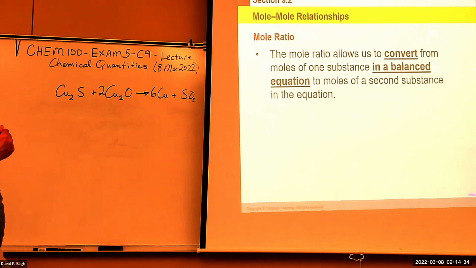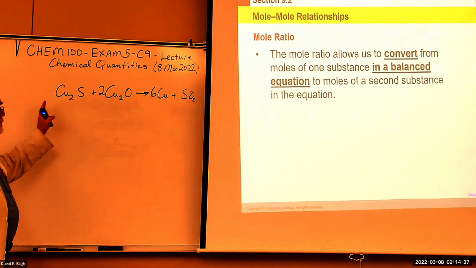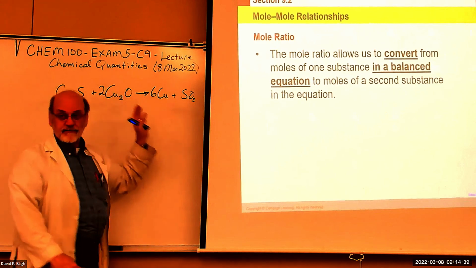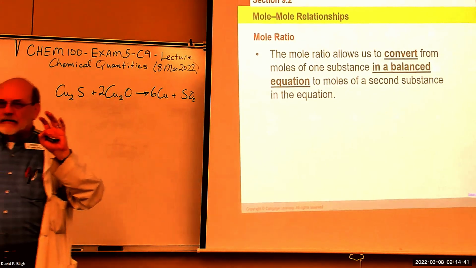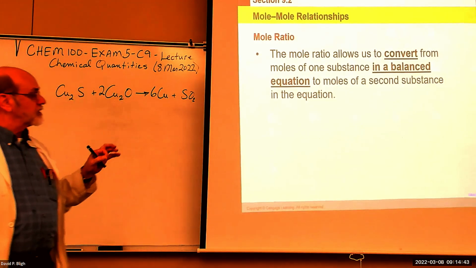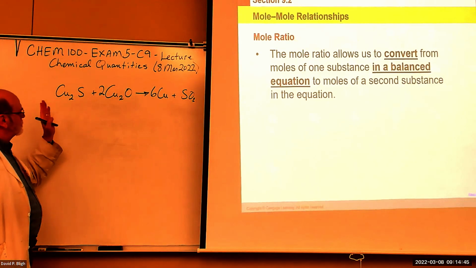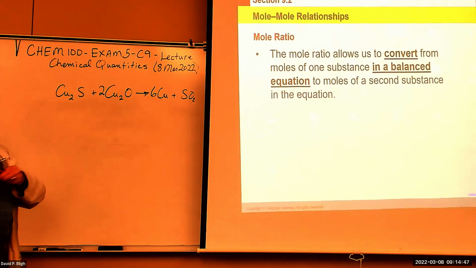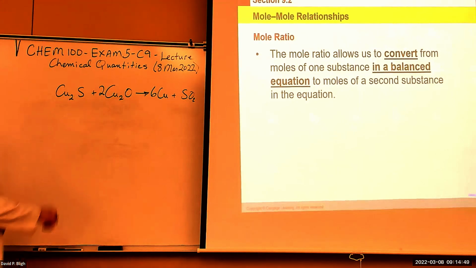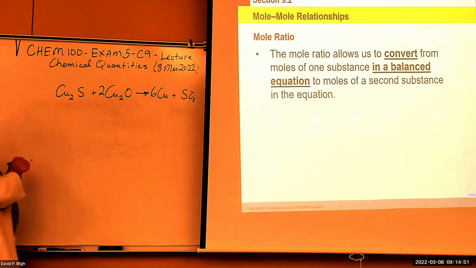Okay. Now that we know the mole ratios in any balanced equation, we can say something about, let's take an odd number, let's say instead of 1 mole here, we actually have 3 moles of that compound.